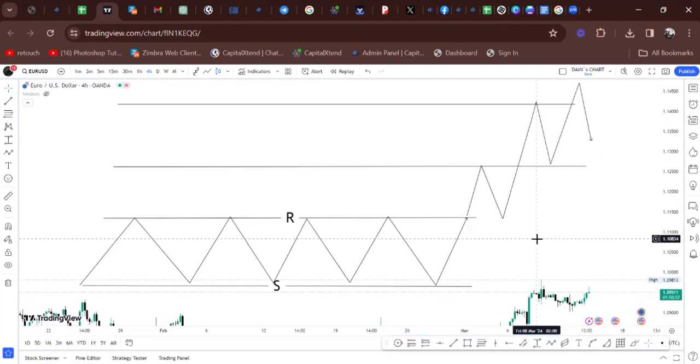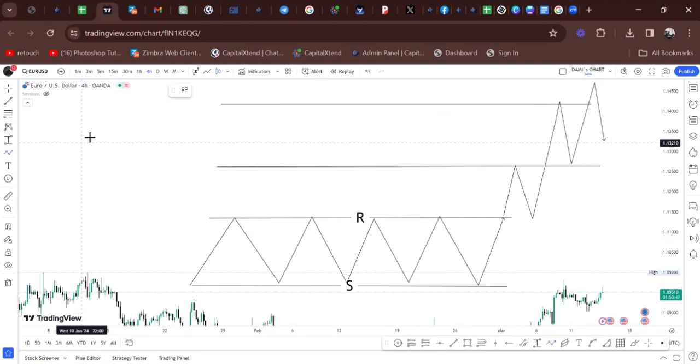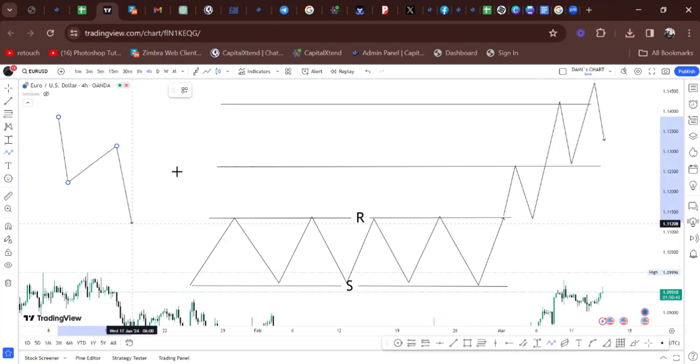This is how the market moves. The market moves based on support and resistance. Now, like I said, we're using previous data to judge what's going to happen in the future, right? So now let's say price was actually moving down like this, like this, like this.